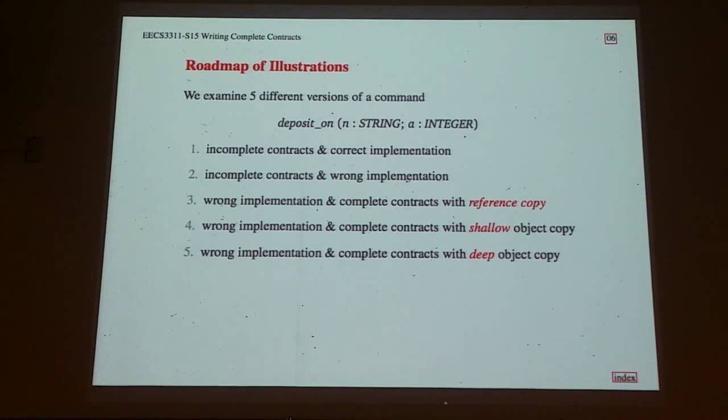However, even if the supplier got it wrong, your postcondition didn't catch that because the contract doesn't restrict the supplier strongly enough to ask them to do the right thing. And versions 3, 4, and 5 show how you can gradually build up a solution for the complete contracts, from reference copy up to deep copy. And it will turn out only deep copy will be satisfactory.